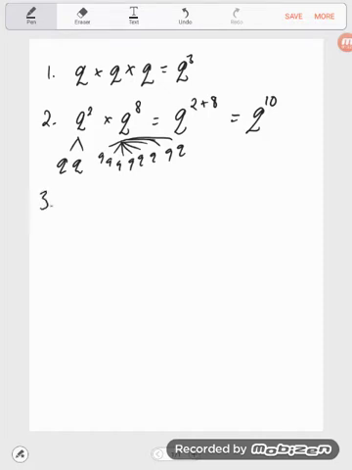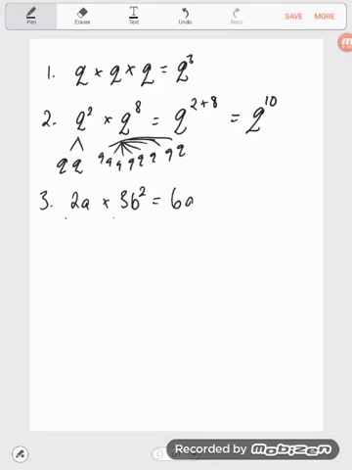So if you have things that are different letters in it, so say you have 2a times 3b, well, let's do b squared. So you do 2 times 3, so 2 times 3 is 6.